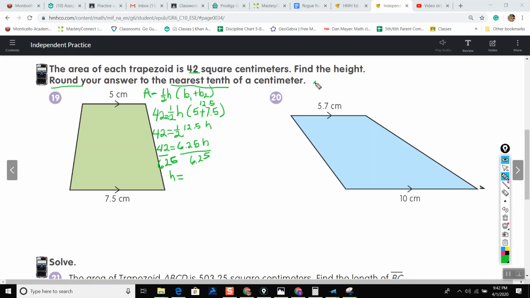So that is right here, right? That's your 1 decimal place after, okay? So our height on that is 6.7 once I round. All right, let's go to the next one.